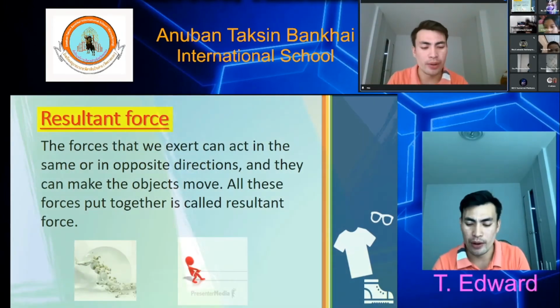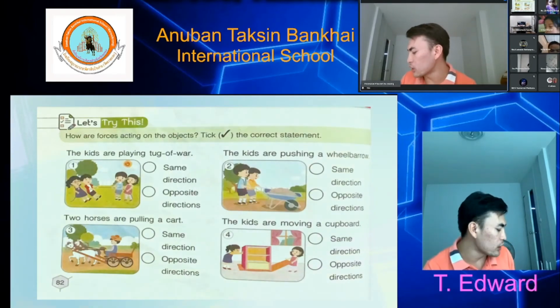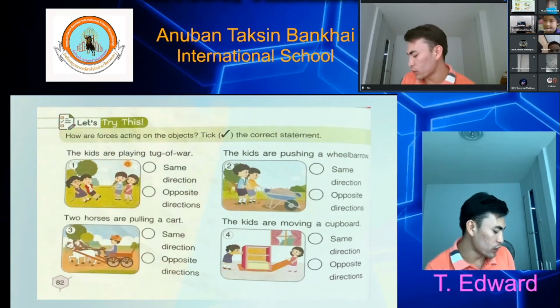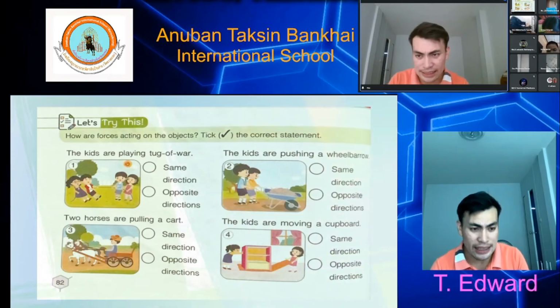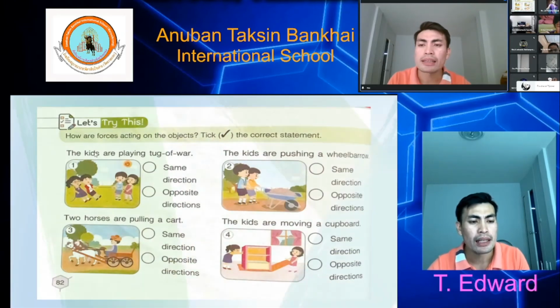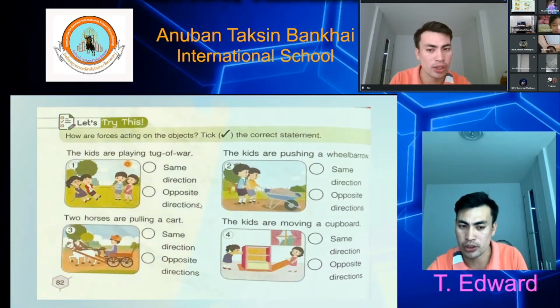Understand. Very good. Now, I want you to open your book, page 82, and answer this very simple practice. I will be giving you 1 minute to answer this one. Number 1. The kids are playing tug of war. Same direction or opposite directions?